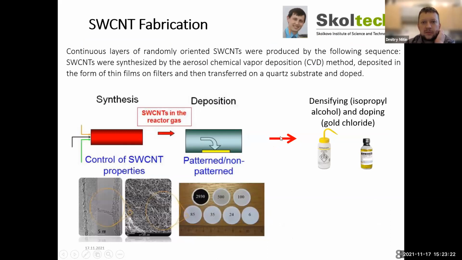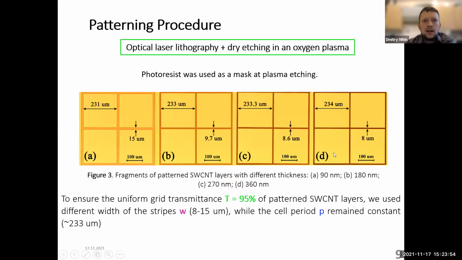Next, we will discuss the experiment. We used CNT layers, which were produced in Skoltech by the group of Professor Albert Nasibulin, and we deposited them on a transparent glass substrate. After that, we doped them with gold chloride and densified them with isopropyl alcohol.